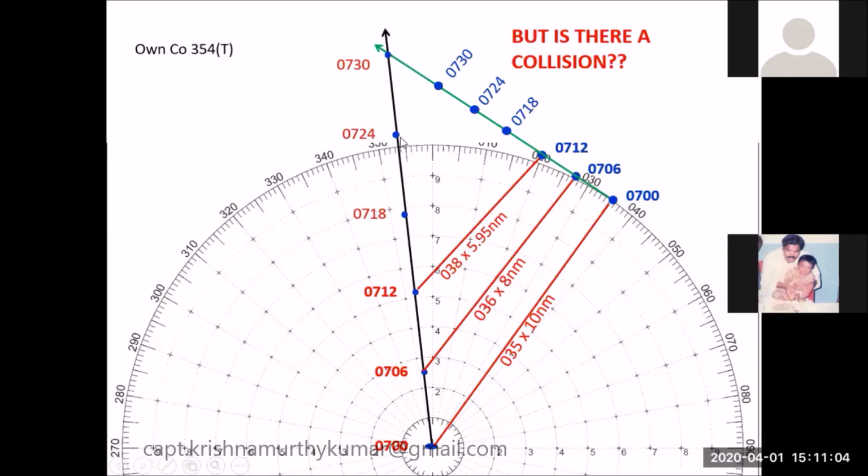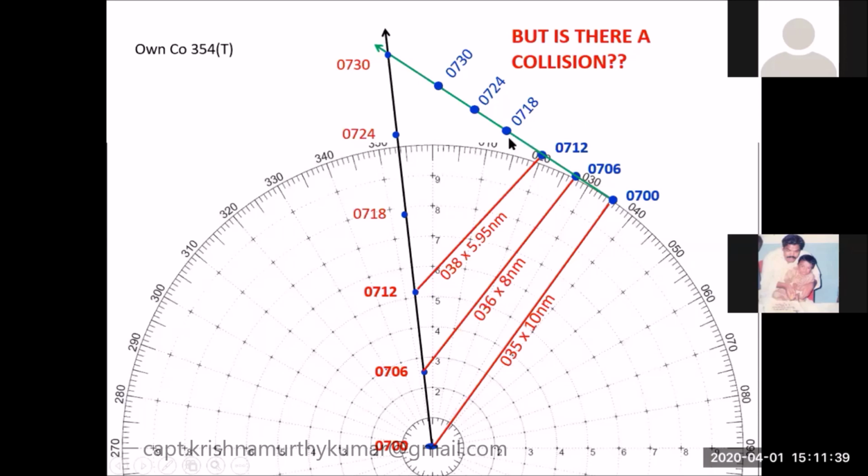So now you find here that you are reaching this place at 0730. He is here at 0730. So technically, there is no collision between the two ships. Are you passing ahead of him or astern of him? The answer is obvious. We are passing ahead of him.